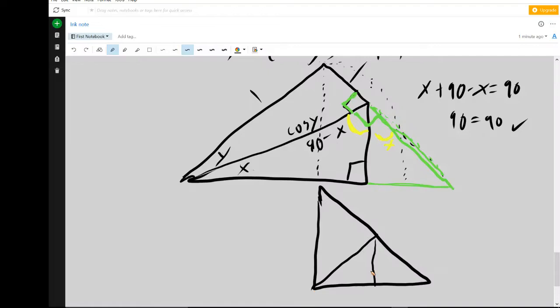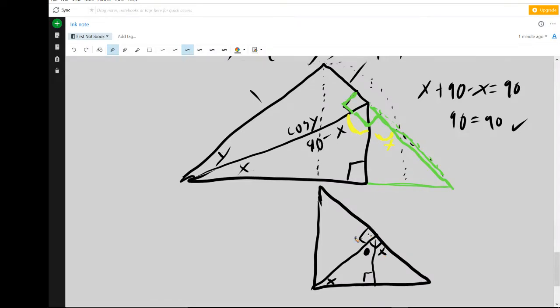A right angle there, a right angle there. Then this we just said was x. This one was x as well, right? Because if this was 90 minus x right here, and this is a 90-degree angle, then this must also be x.